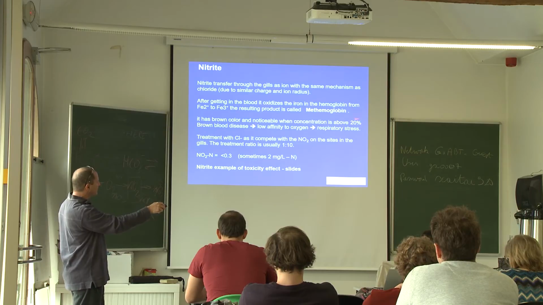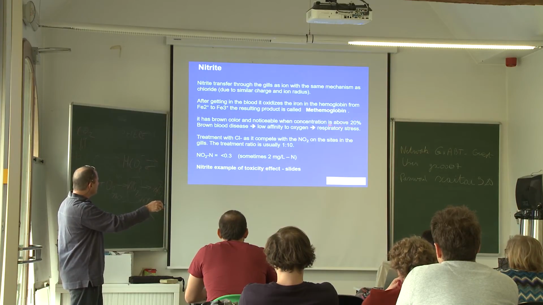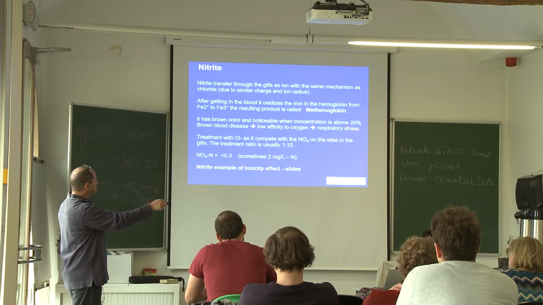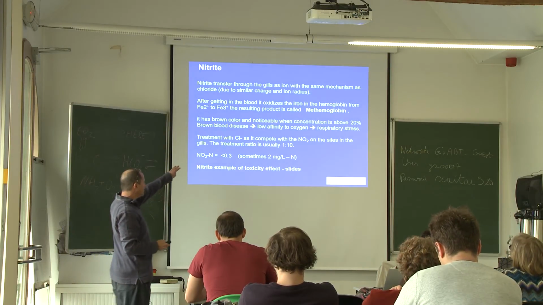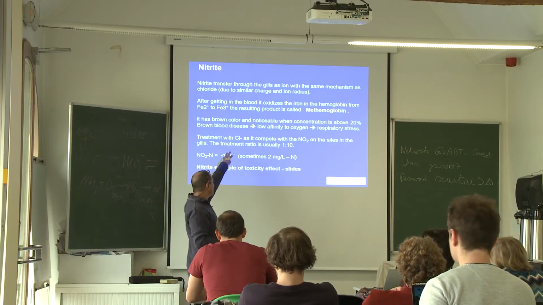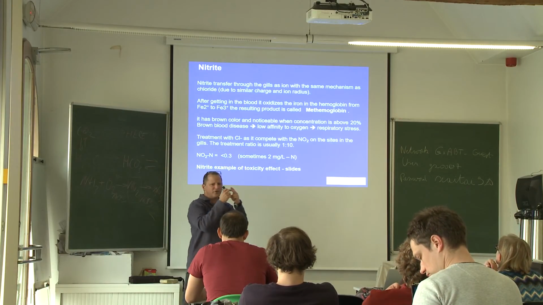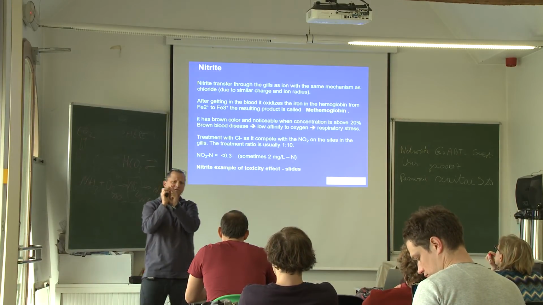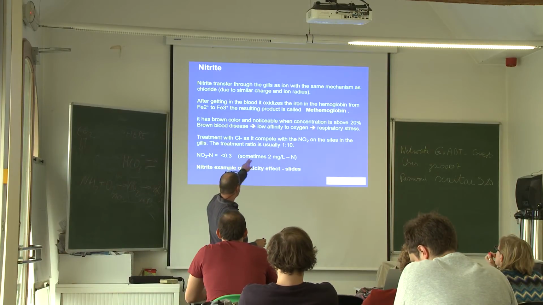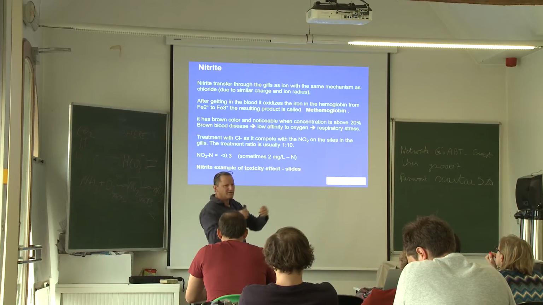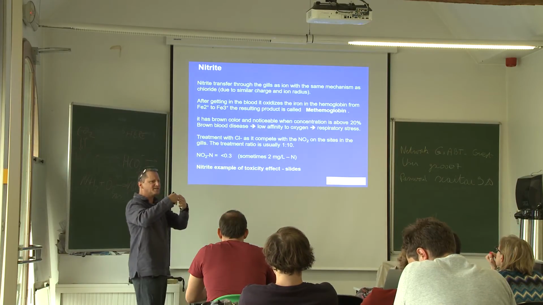You're definitely familiar with it if you grow fish. And low affinity to oxygen, respiratory stress, and the fish die. And chloride, being an ion of pretty much the same size, diameter as nitrite, NO2, is competing on the metahemoglobin sites.